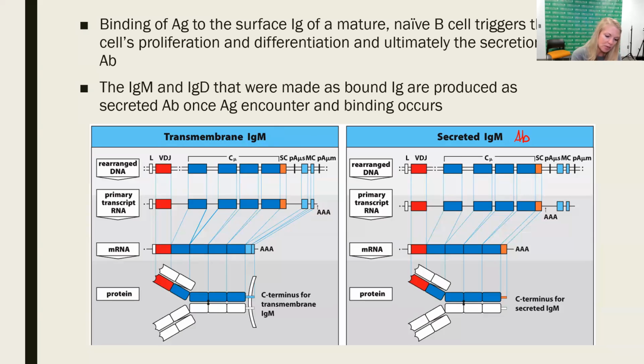They're essentially going to be the same. It's just that this terminus changes, and so then it will not be embedded into the membrane. Okay. And these are going to be made by plasma cells, and the membrane-bound ones are going to be on B cells, naive B cells actually.